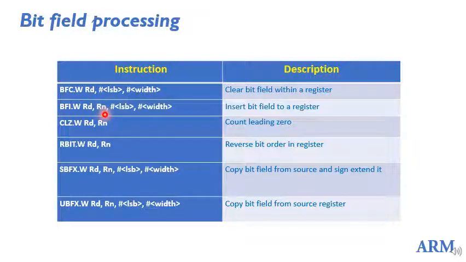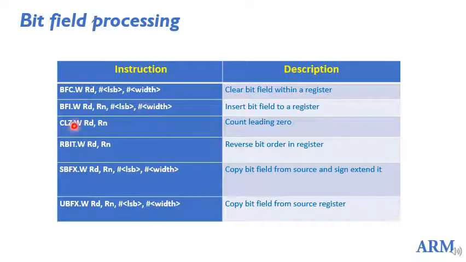I repeat: starting from the bit number given in lsb of the destination register, you have to insert a part of the source register, with the number of bits equal to the width. This will be clearer when you look at one example.